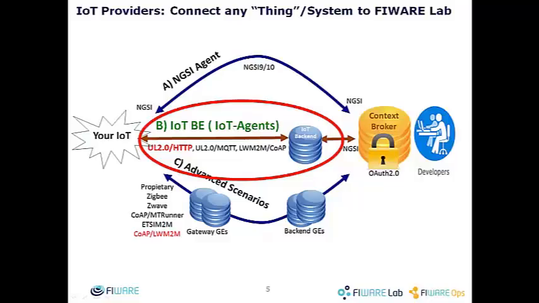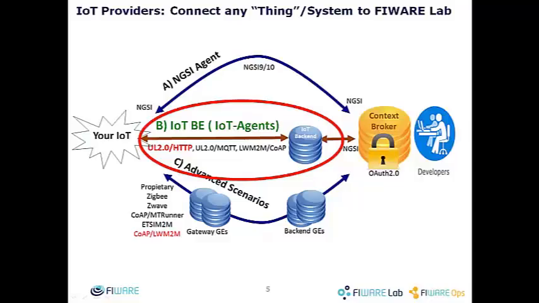There are many situations in which you can be willing to do that directly. Then you have another option, which is the main goal of the enabler, because it's using the IoT generic enabler, so it's the IoT Agents, and you would use this to publish your information into the context broker.